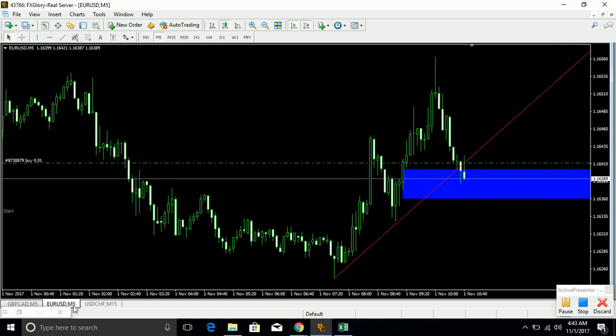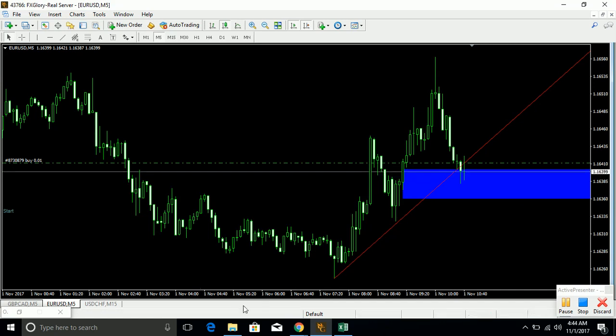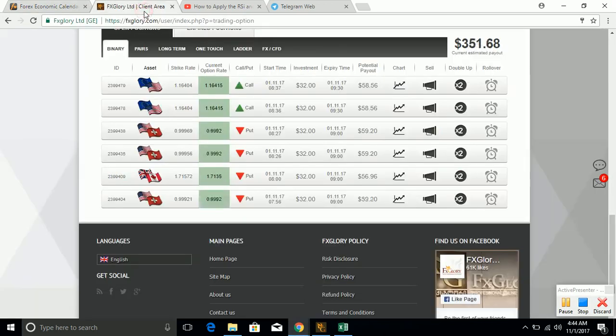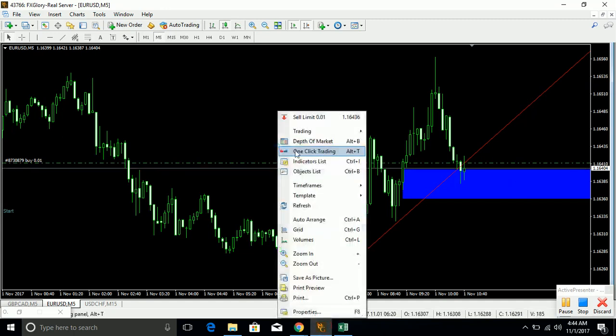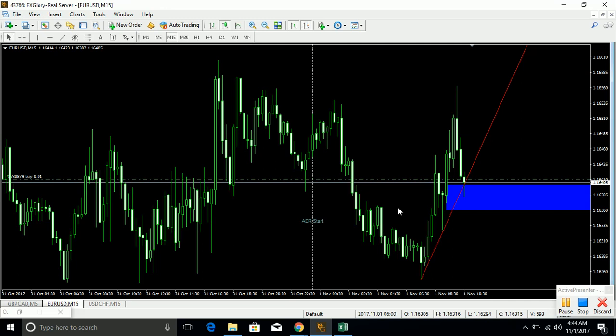Again, we got 15 minutes on this next important release. And I'm very confident it's going to send this Euro straight to the moon, but we'll sit back, be patient, and watch and see.